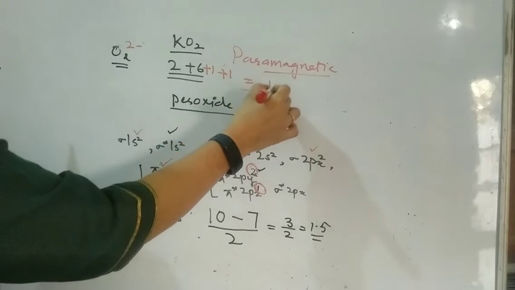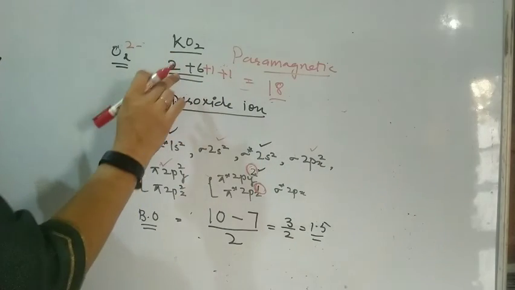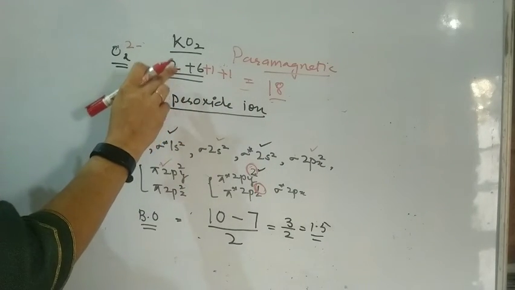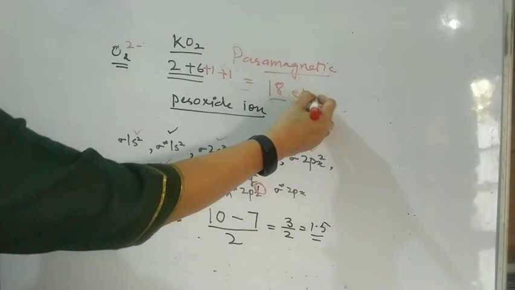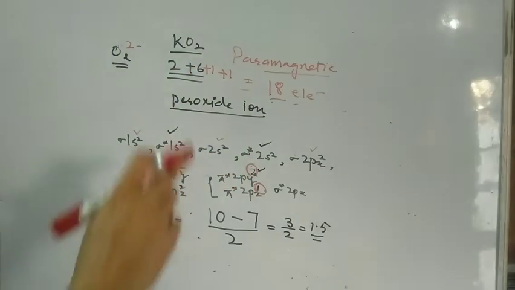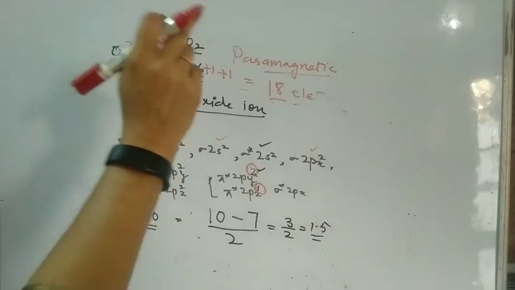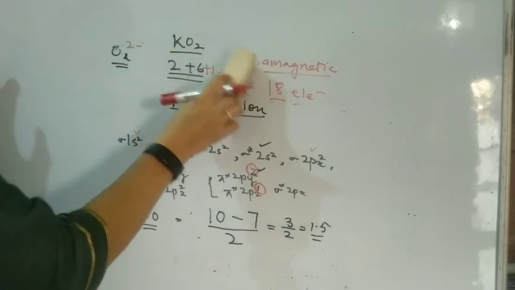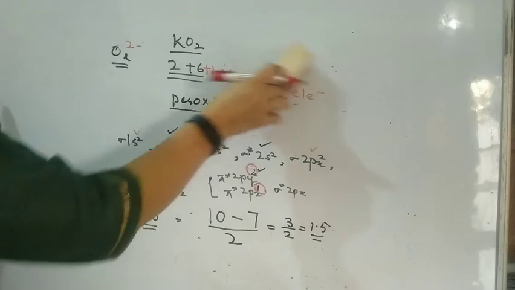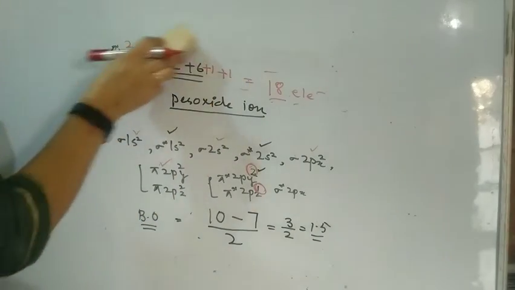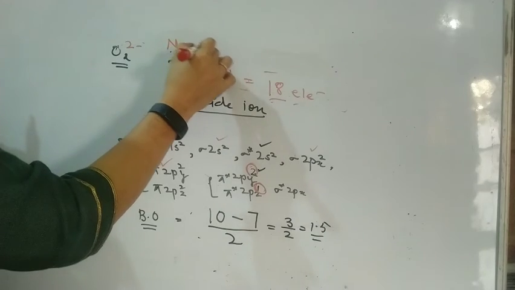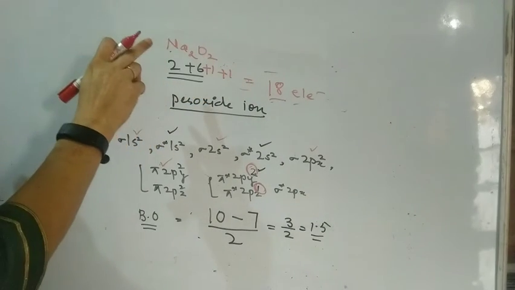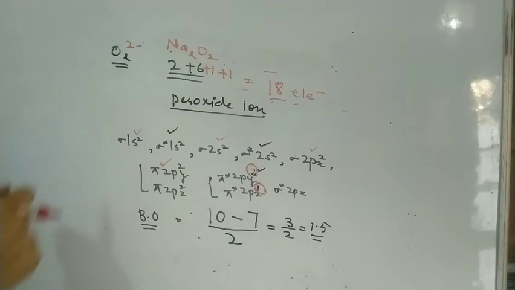This is one oxygen atom, we are talking about 2, so that's why I am taking 18 electrons. So here we are having number of electrons 18. We don't know whether it is paramagnetic or diamagnetic. Let's check it out. Na2O2, sodium peroxide, carries this ion.